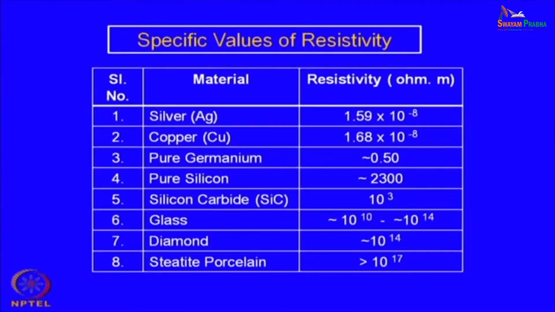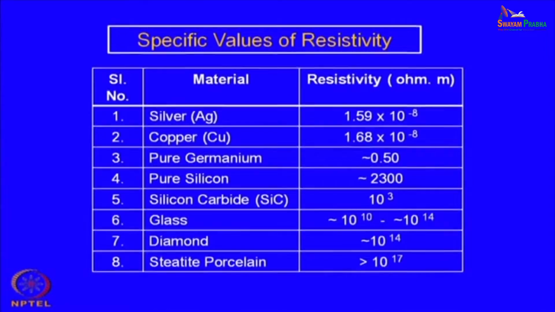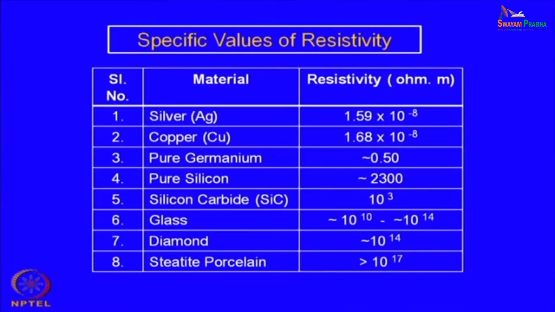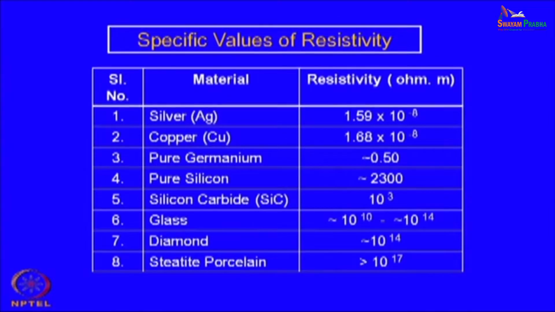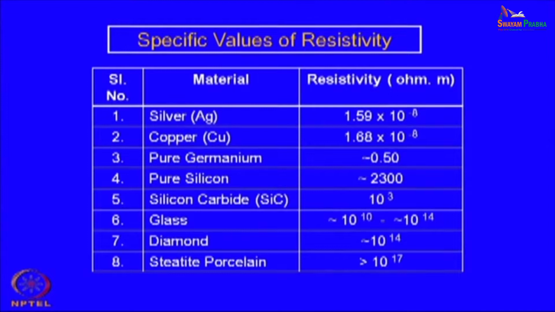Possibly silver is better than gold, but they are more or less comparable. 1.59 in 10 to the power minus 8 ohm meter. Copper next is about 1.68 into 10 to the power minus 8 ohm meter. It is very close, but slightly higher resistivity.